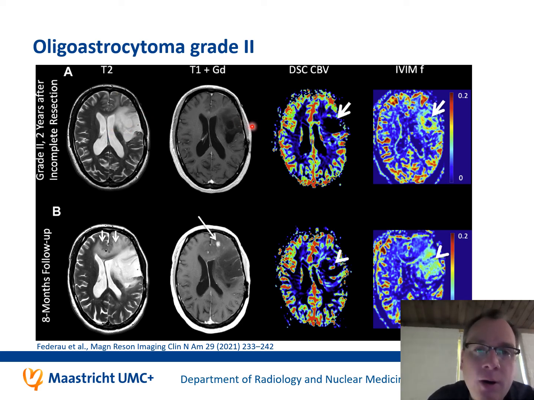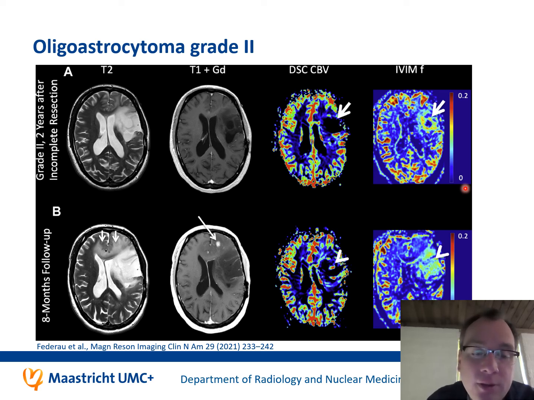On the T1 plus gadolinium, so post-contrast, there's no signal increase, there's no leakage. However, if you look at the DSC, you can see there's a decrease of perfusion, and on the F, you also see a lower value for the perfusion fraction.